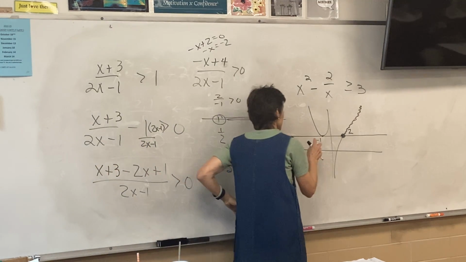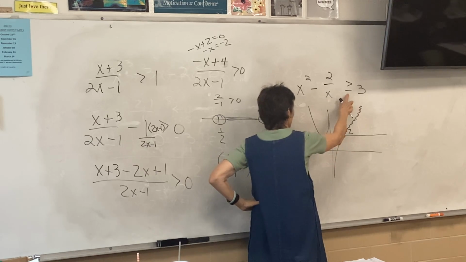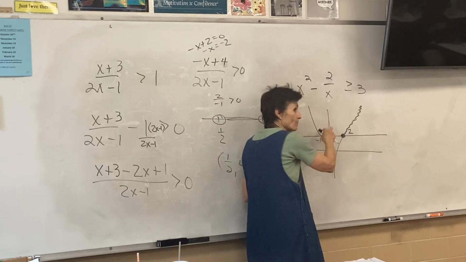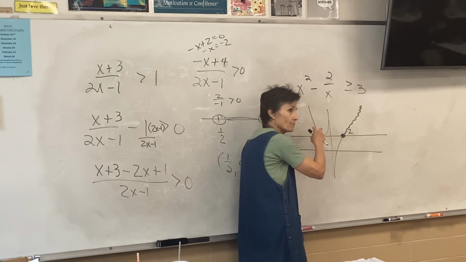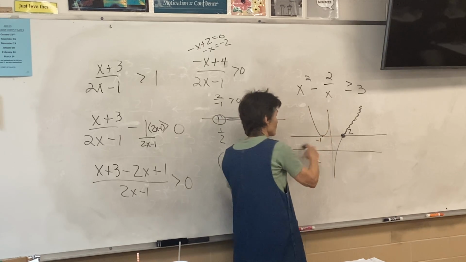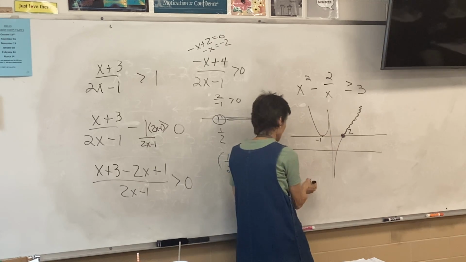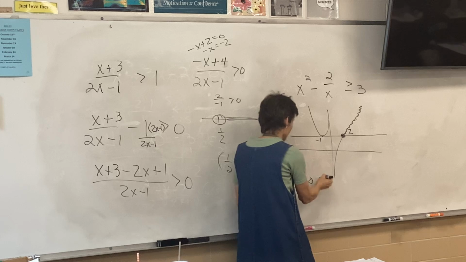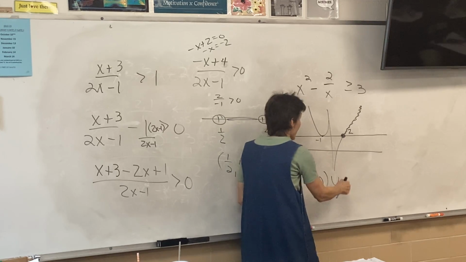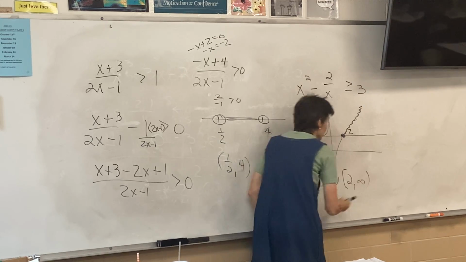If this is tangent right here, and I want to be greater than or equal to this line, isn't that whole thing greater than or equal to that line? Isn't this whole parabola-ish thing? So what x values does that describe? This guy right here, what x values is that? -infinity to 0. And then it picks up again at 2 and goes forever.